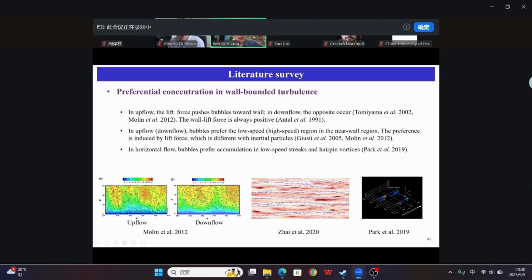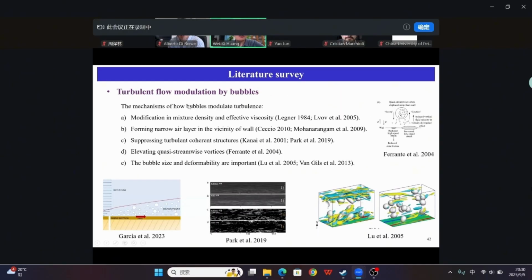In the downward flow, they will show different behavior. They also modify the turbulent flow, such as changing the mixture density and the effective viscosity, and suppressing the near wall coherent structures and so on.